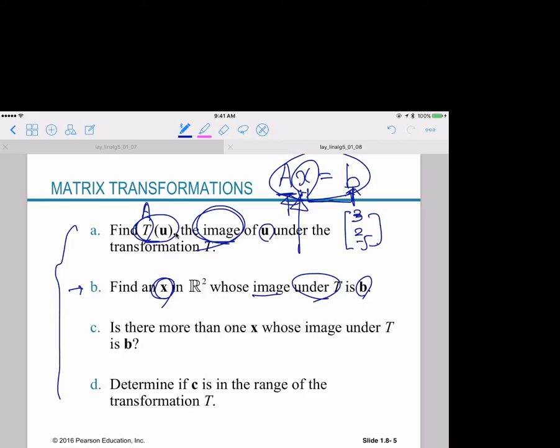Okay. And this guy is nothing but just a matrix equation that we are quite familiar with, right? So the second question is just the same as solving this linear system or this matrix equation, right? So again, A and B are given, and then we have to find the X that satisfies this equation.